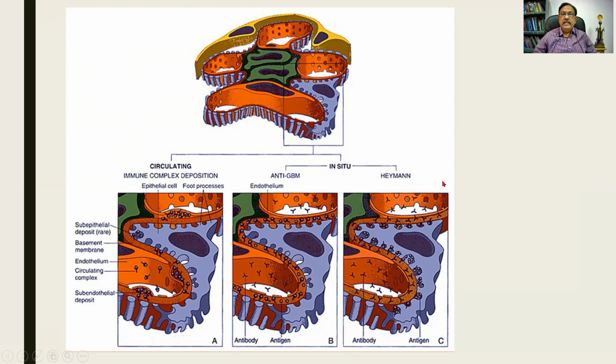And there is a third type called the Heymann nephritis. These will be repeated any number of times. I would like you people to kindly have this in mind. The mesangium, the capillaries again made up of endothelium and epithelium. And this is the basement membrane.